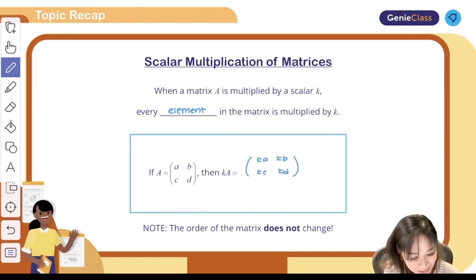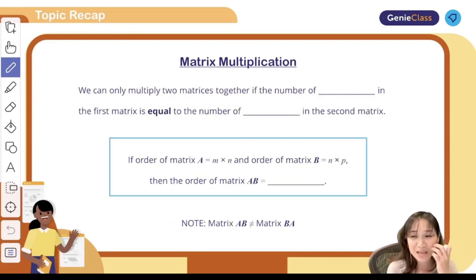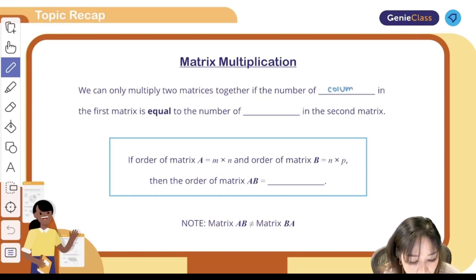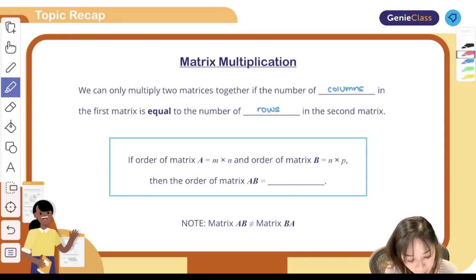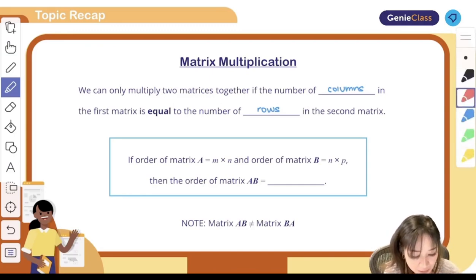Very important. And last one, of course, everyone's favorite thing to do with matrices, matrix multiplication. We can only multiply two matrices together if the number of columns in the first matrix is equal to the number of rows in the second matrix. Remember, order, we always write it as something by something.